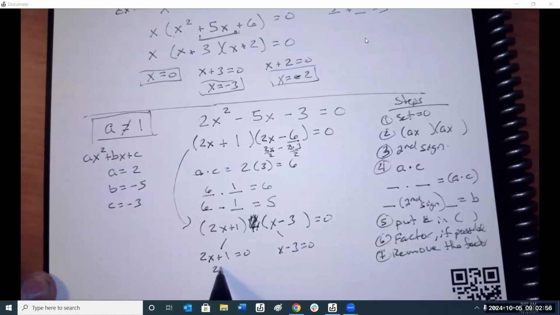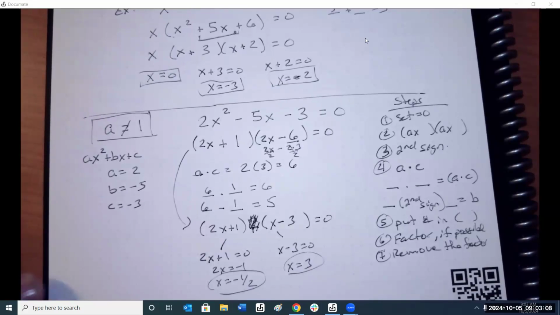Subtract 1 and divide by 2. And then move the 3 over. And those are both my solutions. So far, so good.